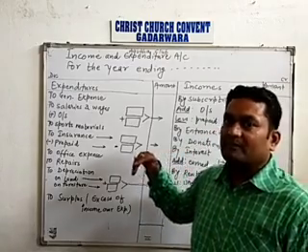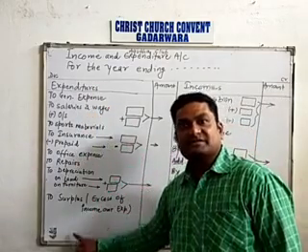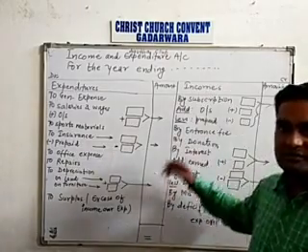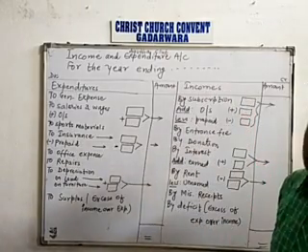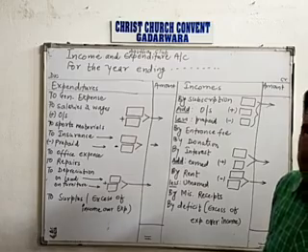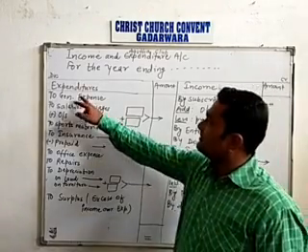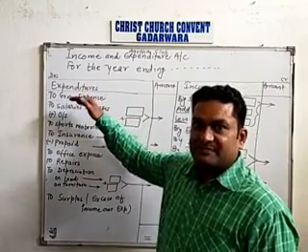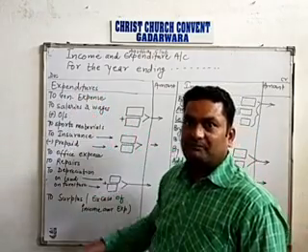Left hand side is debit side and right hand side is credit side. But you remember, on the debit side all the expenses are written, and on the credit side all incomes are written. Okay? So whichever expenses are there, we have to write.